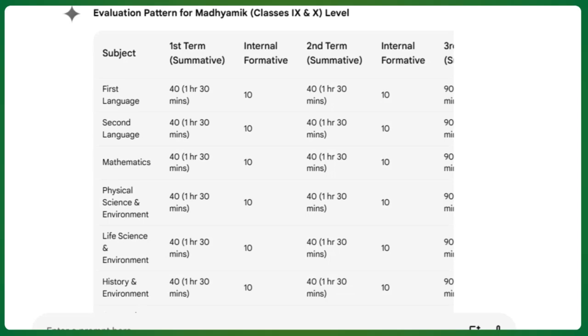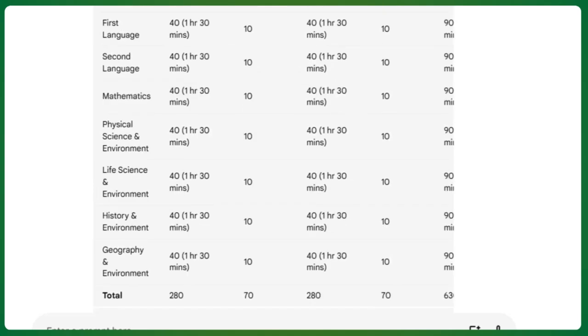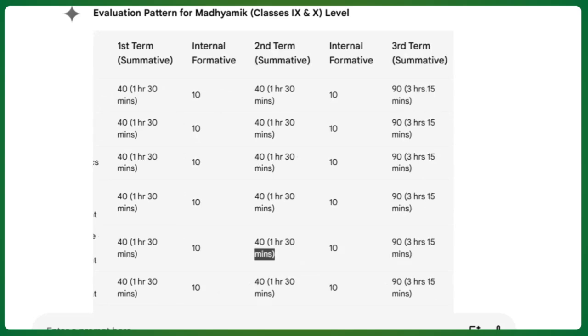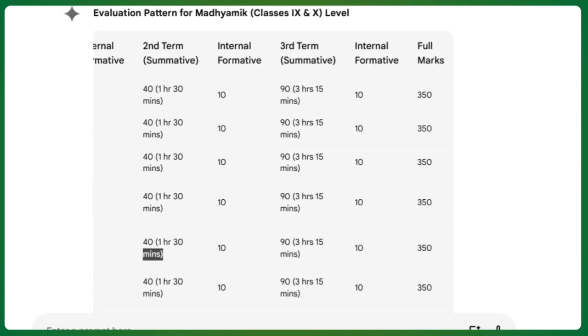Internal evaluation is again here, you see 10 marks. Internal marks is again here, it is 10 marks. Now, third term. So here third term is 90 marks, 3 hours and 15 minutes. Internal formative assessment again 10.